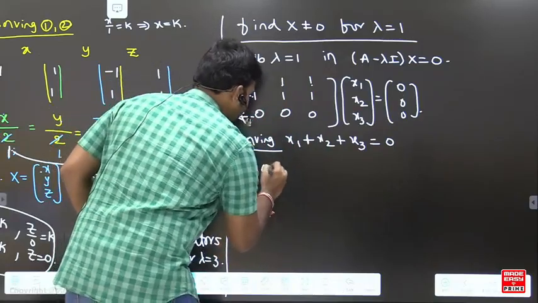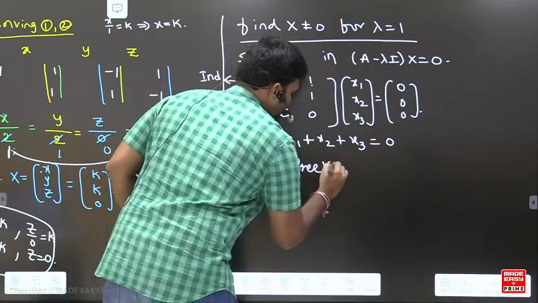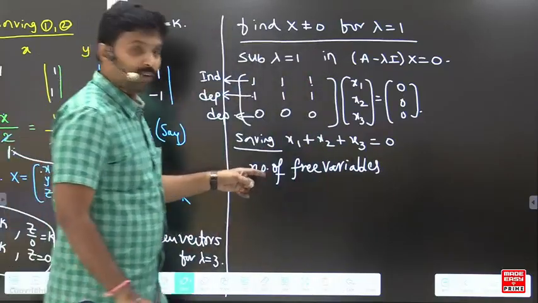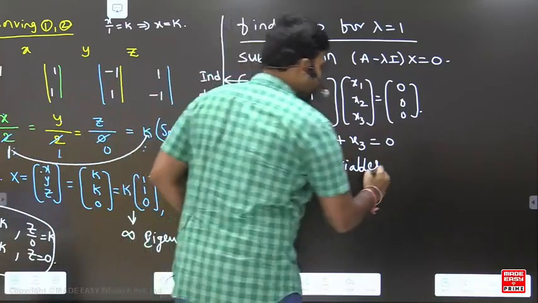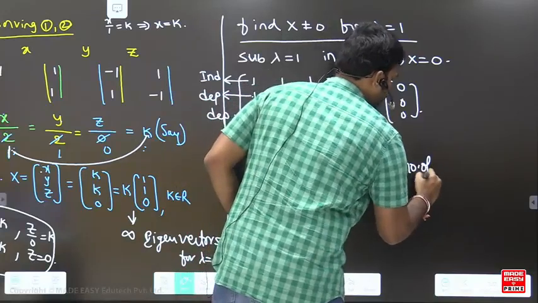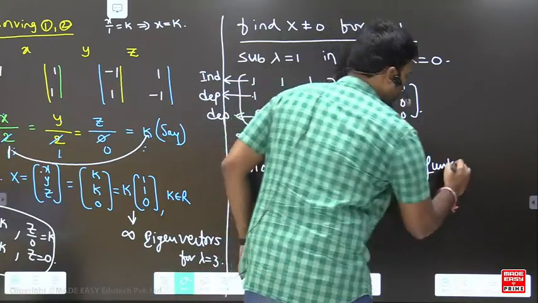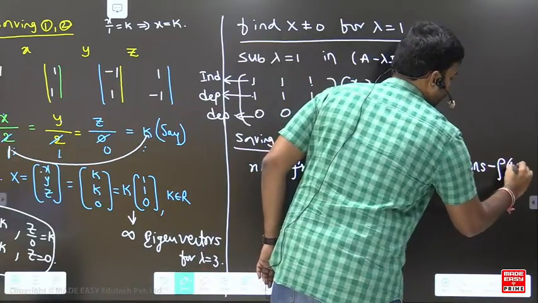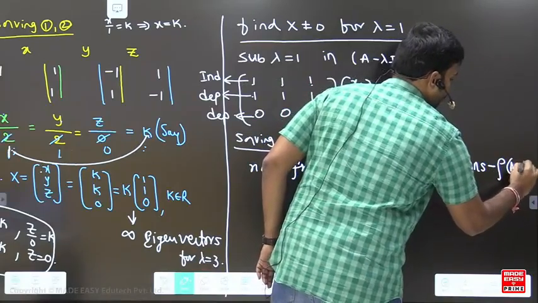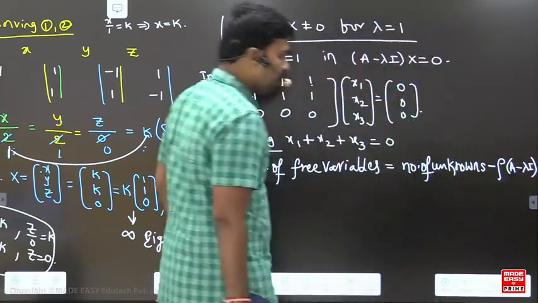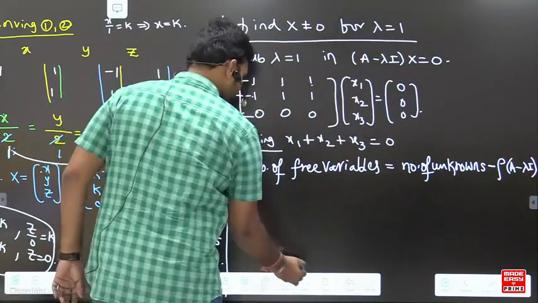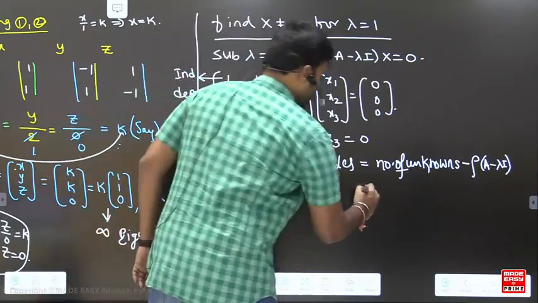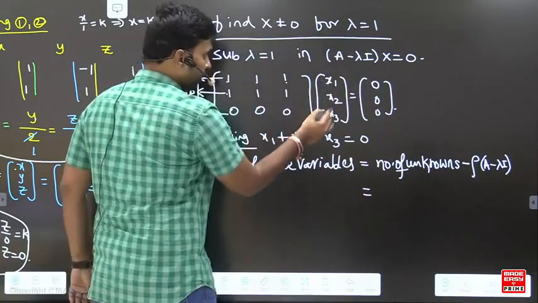The number of free variables concept. So what is the number of free variables? I'll tell you. The number of free variables is given by the number of unknowns minus the rank of A minus lambda I. How many unknowns are there? 1, 2, 3.